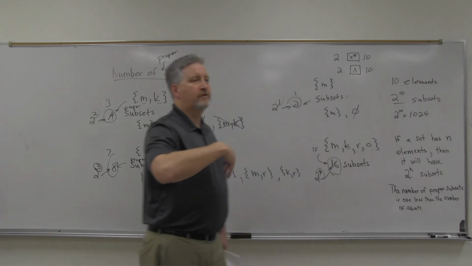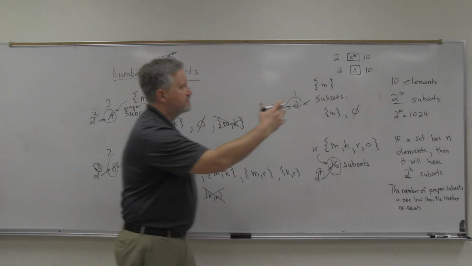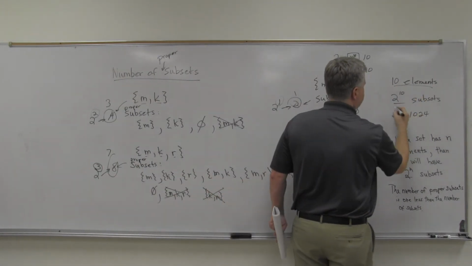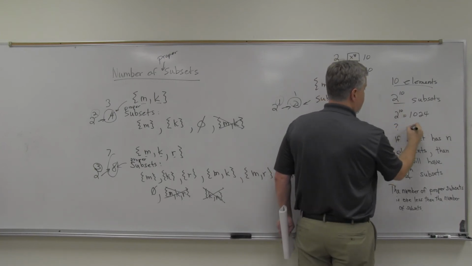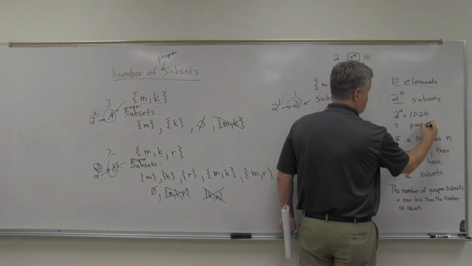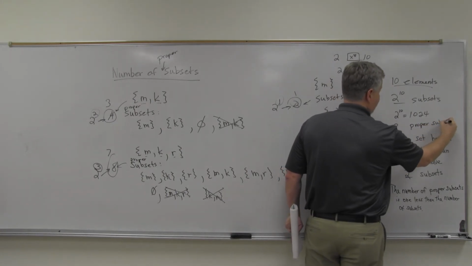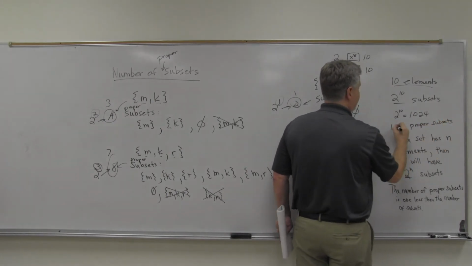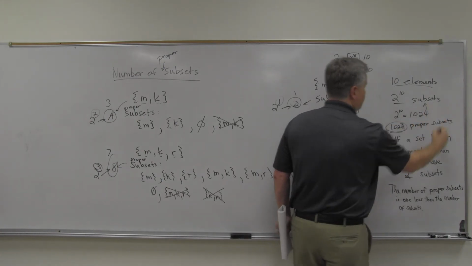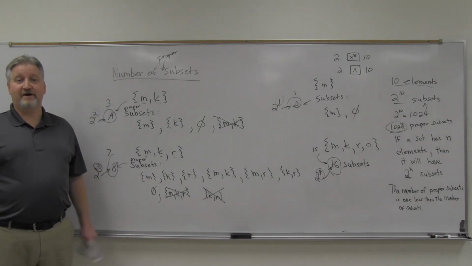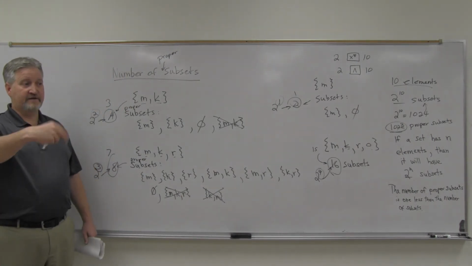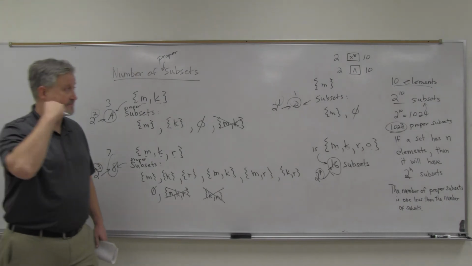Just take 1 away. So up here, we've got 10 elements, 1,024 subsets, so how many proper subsets? 1,023. You just subtract 1 from the number of subsets, not the number of elements, but the number of subsets.